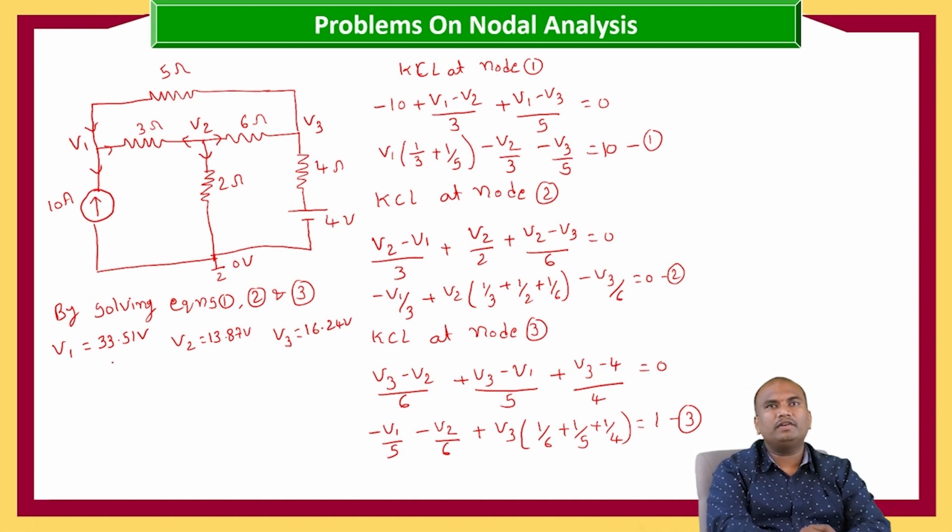Now we got the V1 value as 33.51, V2 value as 13.87 and V3 value as 16.24 by solving equations 1, 2 and 3.